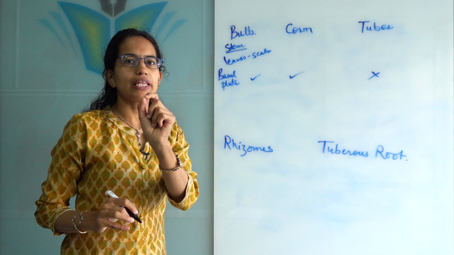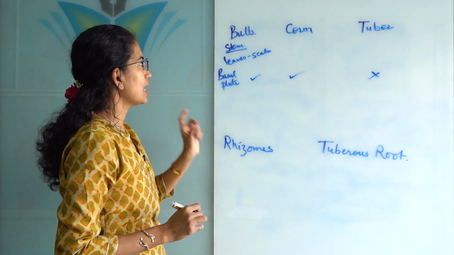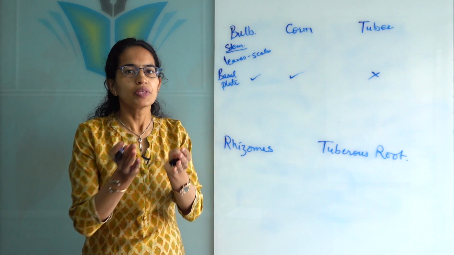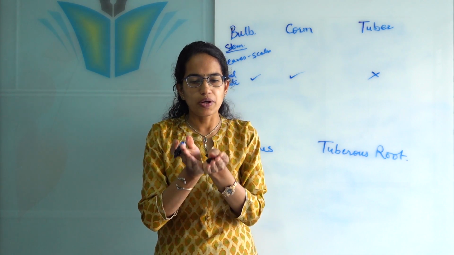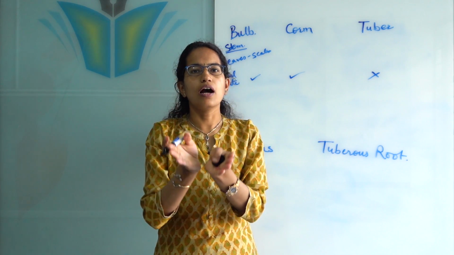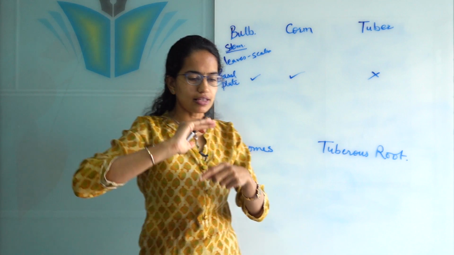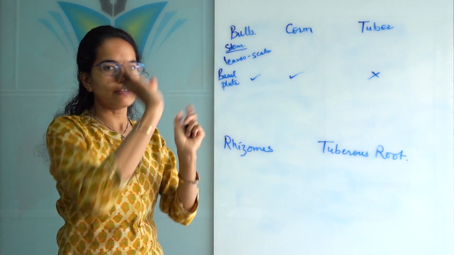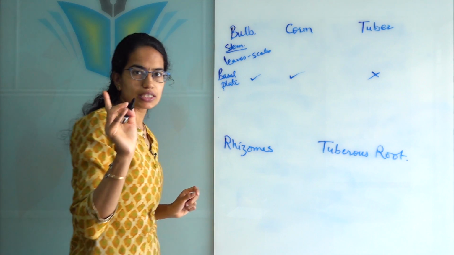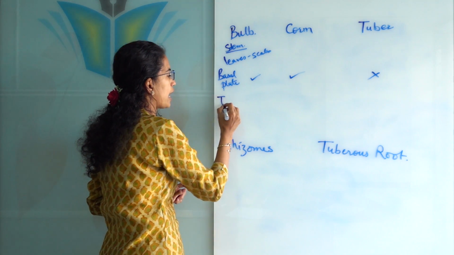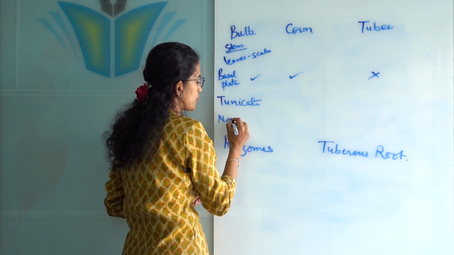I give you a common example, onion. As soon as you understand the word onion, you understand what is bulb. So you have the underground stem, which is the onion. It has fleshy leaves which come as the scales, and then there is the modified flower bud. This bulb can be further subdivided into two types, tunicate and non-tunicate.